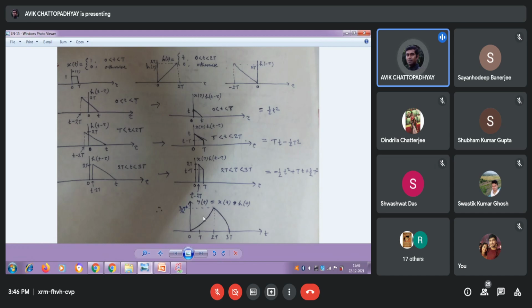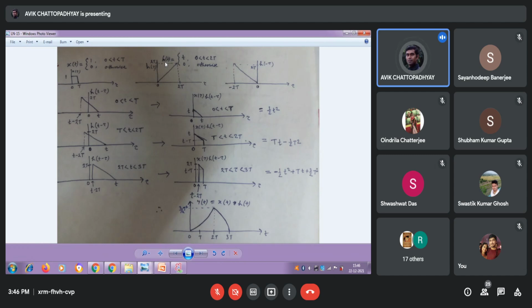The resultant shape would be something like linear, then non-linear, then linear, then again non-linear, mostly. So this is the shape of your y(t), which is the convolved version of this x(t) and h(t). This is a very interesting, very good example. Okay, so it's done graphically or pictorially.